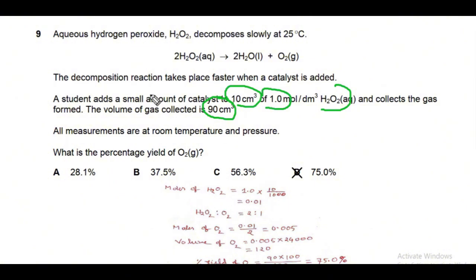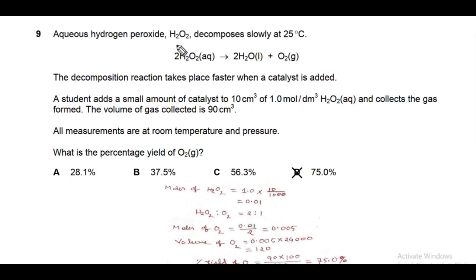So you can first find the moles of hydrogen peroxide: concentration times volume, 1 times 10 by 1000, since 10 cm³ is converted to dm³ by dividing by 1000. So you get moles of hydrogen peroxide 0.01.